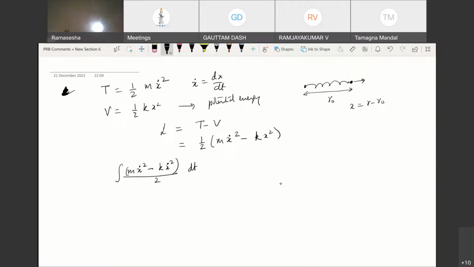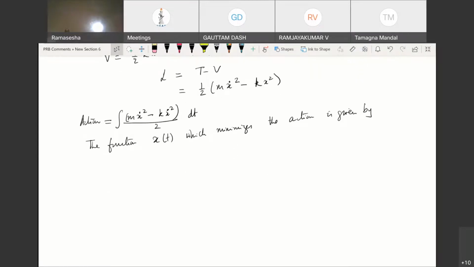So the Euler-Lagrange equation: the function of t which minimizes the action is given by the following.